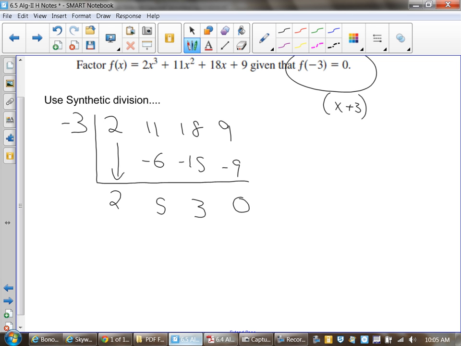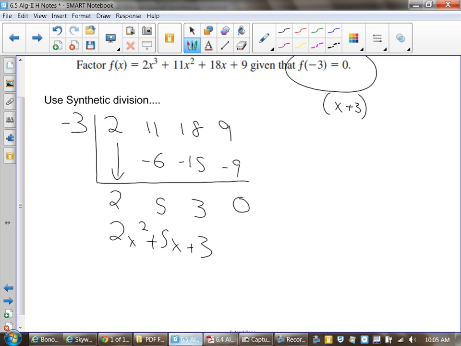And I get a 0. Do you agree? All right. So that means that right now, I have 2x squared plus 5x plus 3.